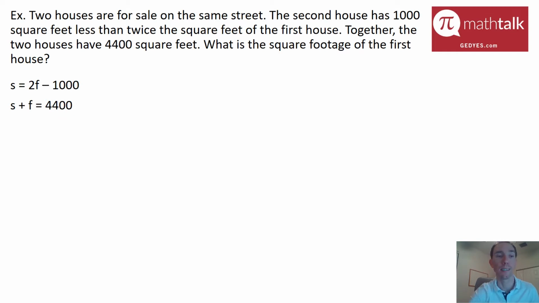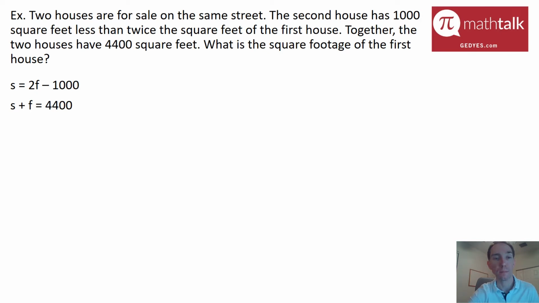One of them says the second house, which I'll call S, is equal to 1,000 square feet less, so minus 1,000, twice the square feet of the first house, so 2F, where F is just the first house. So the second house is twice the square footage of the first house minus 1,000. And then together, the 2 houses have a total of 4,400 square feet. So the second house plus the first house equals 4,400.